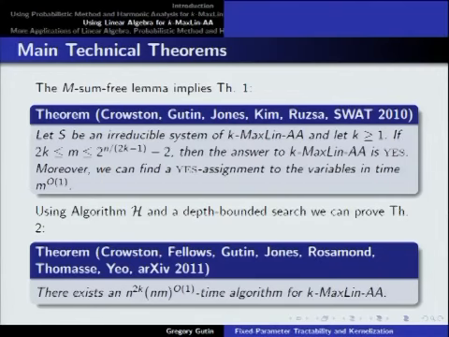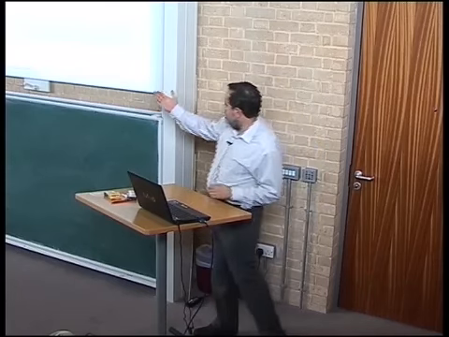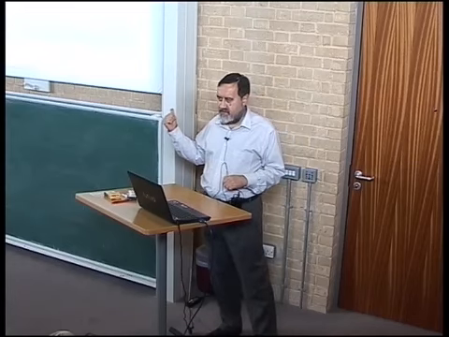Now, another theorem which is related to algorithm H, but not related to that M-sum-free lemma, is as follows. It says that there exists an n to the power of 2k times polynomial time algorithm for the problem. So you see, there is this kind of algorithm, but it is not fixed parameter tractable.